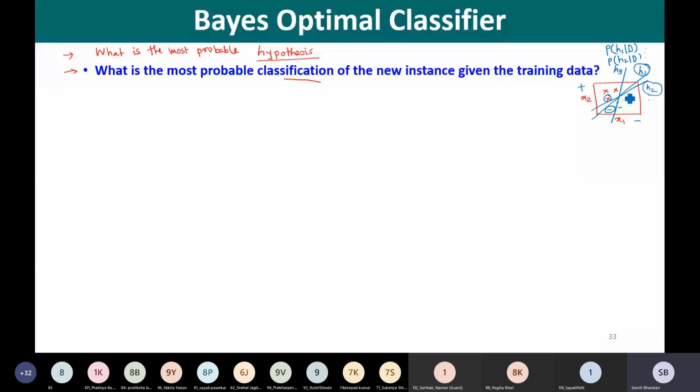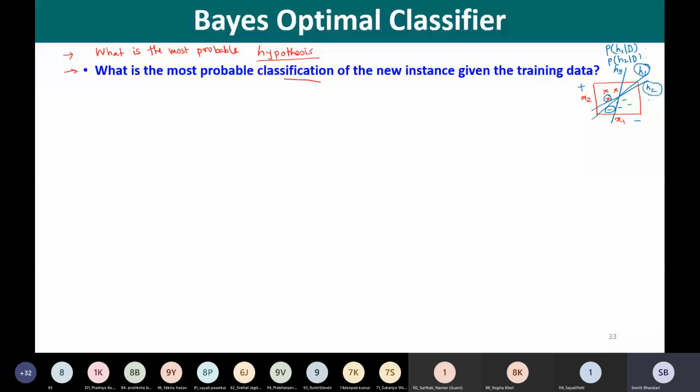And it is not enough to consider only the most probable hypothesis, but it is better if we try to find out the most probable classification of the new instance given the training data. I'm going to illustrate this with an example as well.